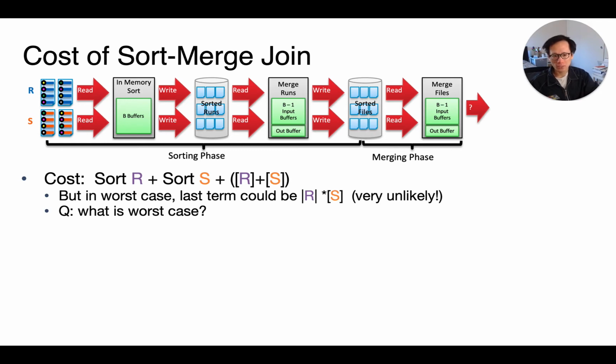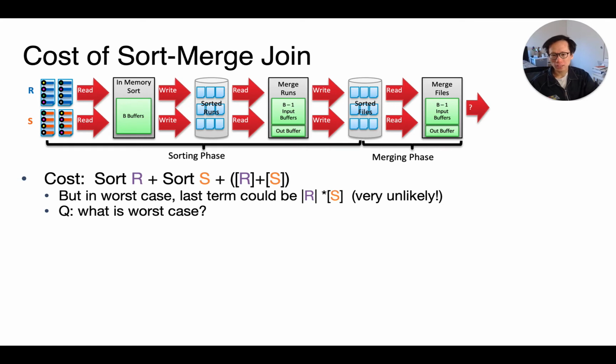In the worst case, actually, all of the join values of R and all of the join values of S are exactly the same. In that case, the output is the cross product of all the tuples in R and S because everything matches.